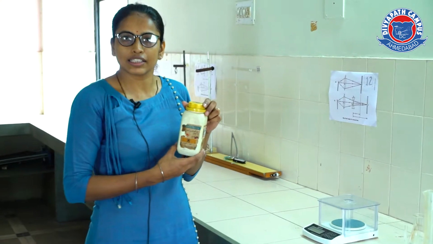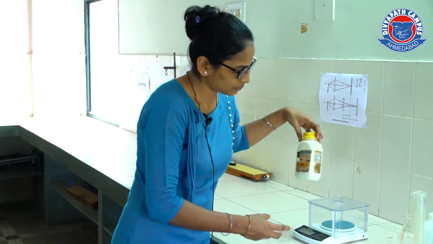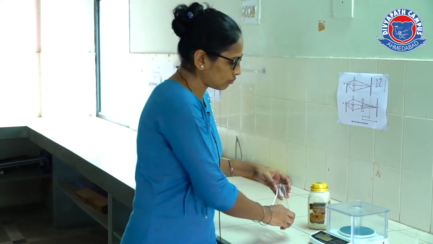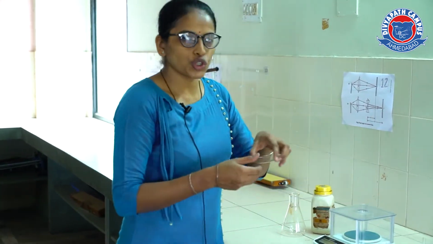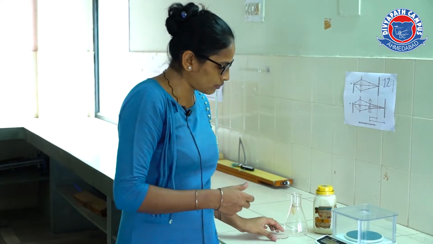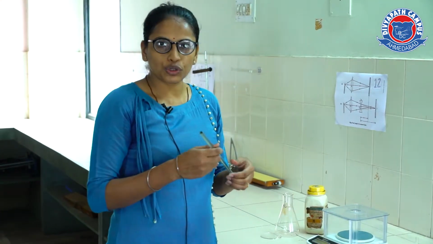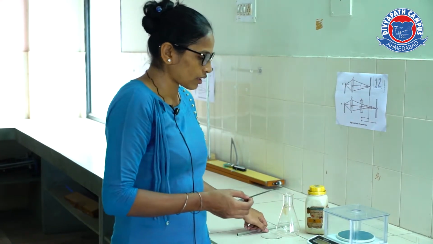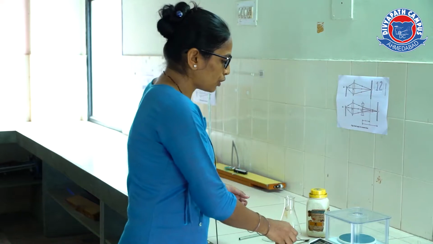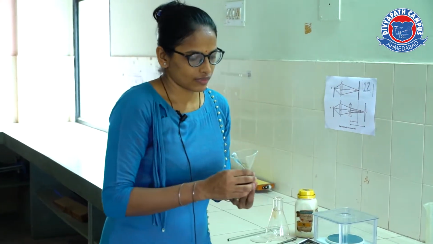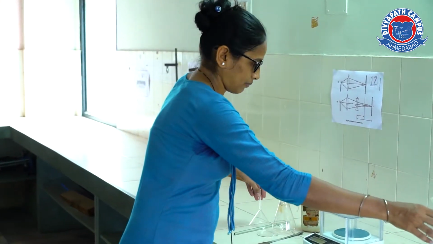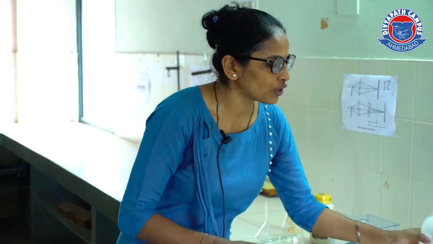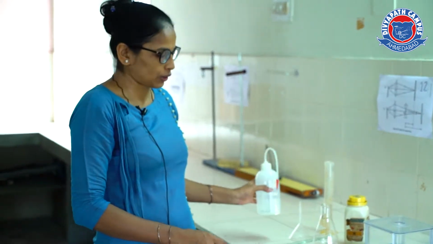Next, oxalic acid powder, conical flask for preparation of solution, watch glass to carry the powder, glass rod to stir the solution, spatula to put some weight, funnel, measuring cylinder to measure exact volume of oxalic acid and distilled water.